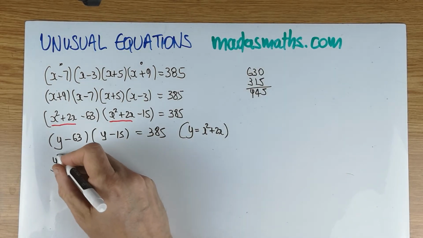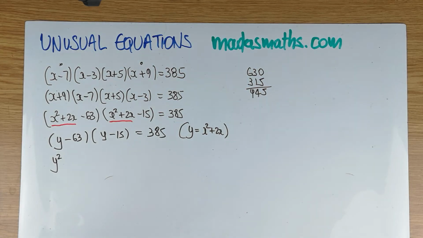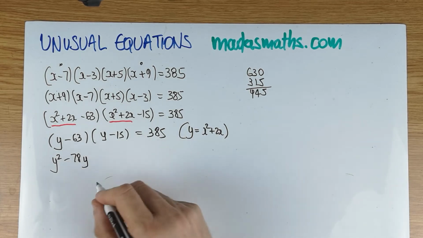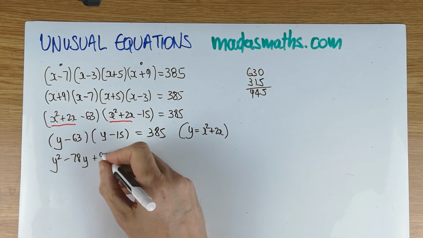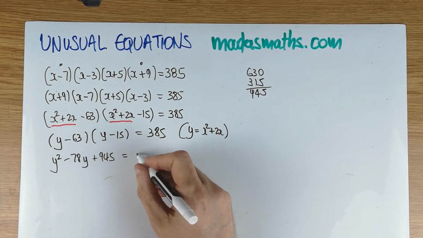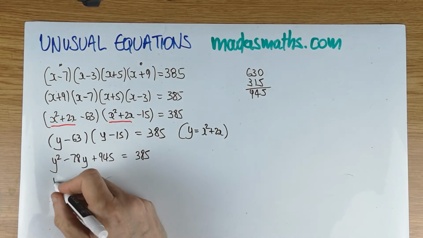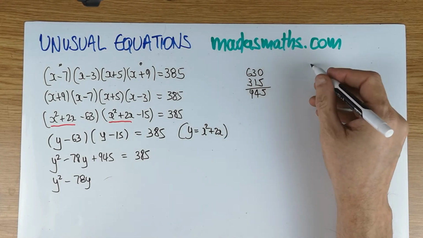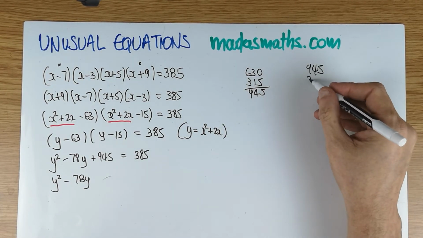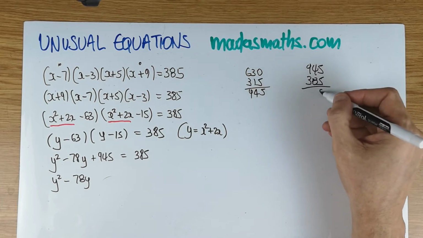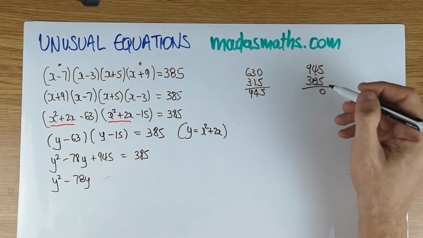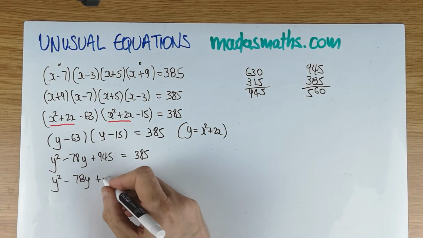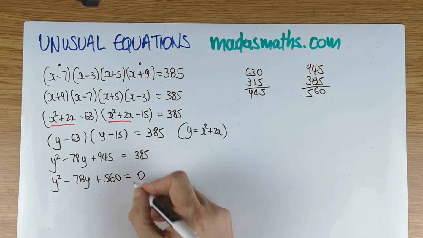So I'm going to have y squared minus 78y plus 945 is equal to 385, and we're going to tidy this up further. 945 subtract 385: 5 from 5 is nothing, 8 from 14 is 6, 1 for 560. So it's going to be plus 560 is equal to 0.